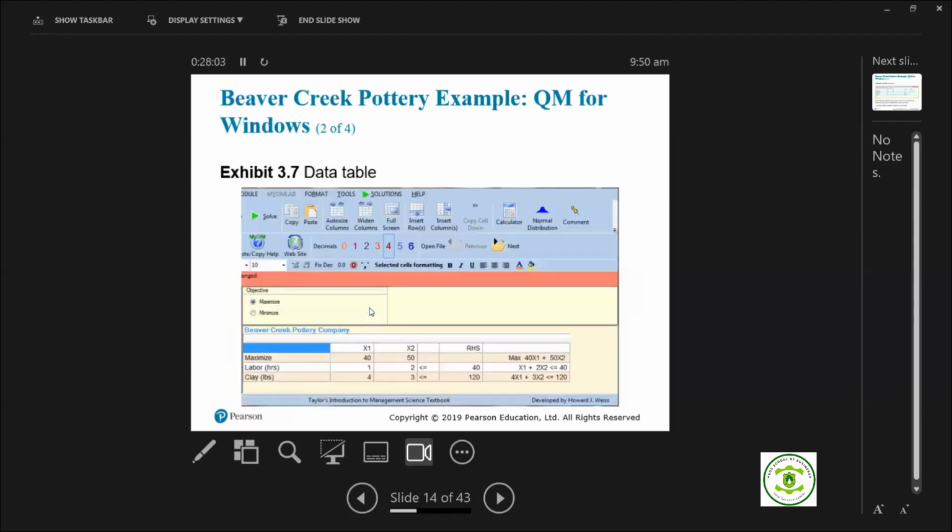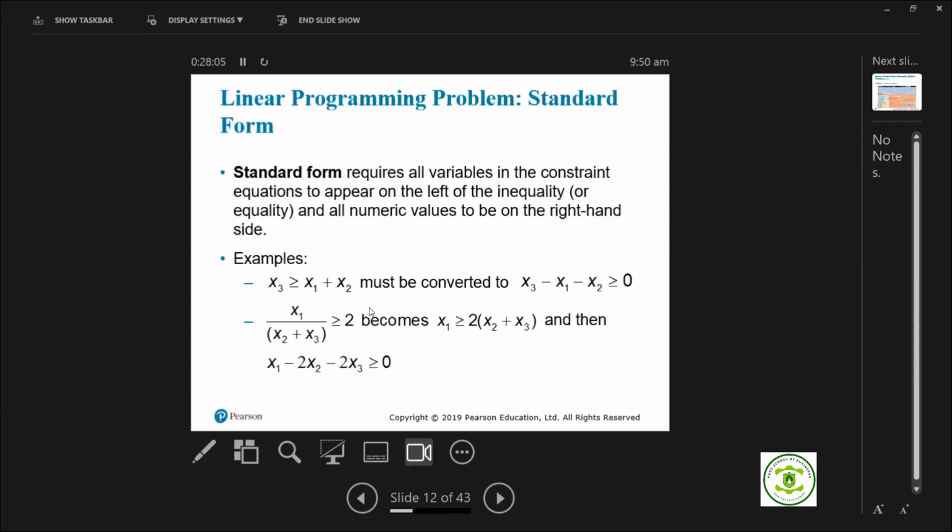So when you click OK, you will see that 2 new sheets will be added. We already have the answer reports and then the sensitivity test, so we are solving it again.